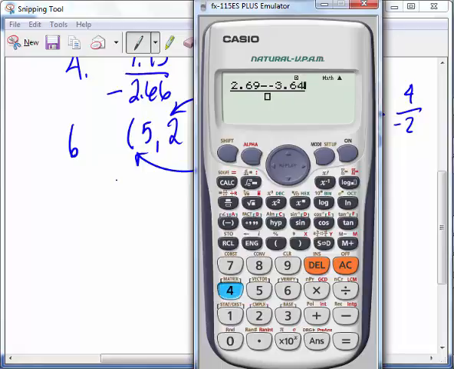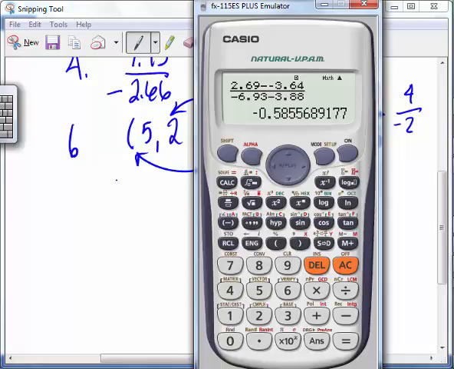The most common thing people do wrong is they forget to put in that negative, over negative 6.93 minus 3.88, and get that in sig figs. It's negative.